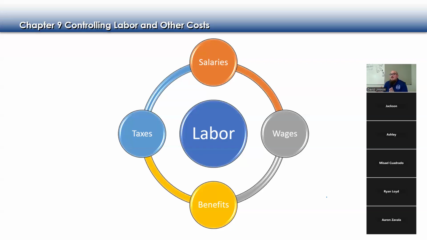And if you get overtime, overtime is usually calculated at what rate? Time and a half, right? So if you make $10 an hour, then your overtime pay would be $15 an hour.